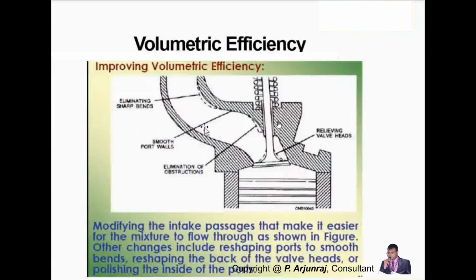If you don't have smooth walls, then this will affect the volumetric efficiency of the engine, and you should not have any obstructions. The walls should be free from very rough surfaces. It's very smooth actually, and all this will have an influence on the volumetric efficiency. And if you go for the turbocharged version, apart from this design improvement, the turbocharger will also help to increase the volumetric efficiency of the engine.